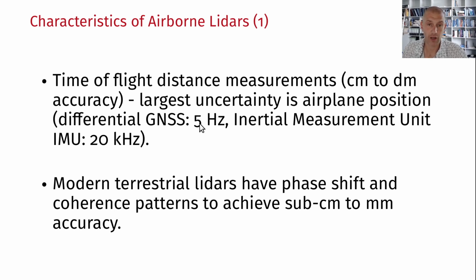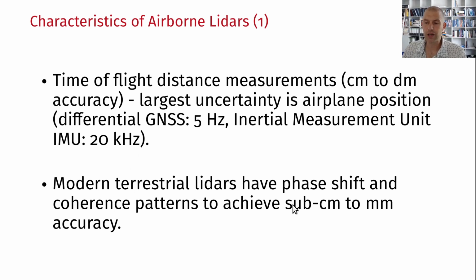A common sampling frequency is 5 Hertz, whereas a second device that tries to identify motion on that LiDAR airplane, an inertial measurement unit, has a much higher frequency of sampling. The combination of those improves the location measurements, but certainly additional improvements are necessary here.